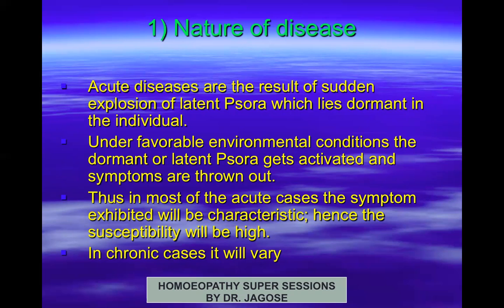So you have a host, and the host is bombarded with environmental factors like physical factors, chemical factors, biological factors, and psychosocial cultural factors. These factors constantly bombard the individual, and initially the vital force will be strong. It will avoid these noxious influences.